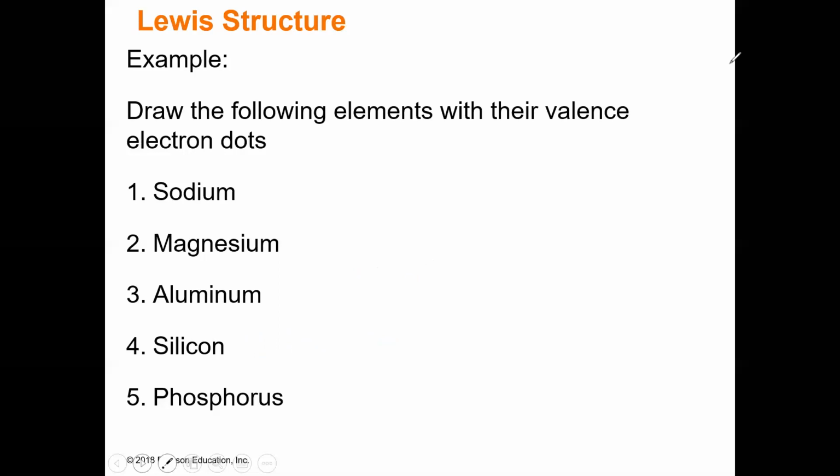All right, lastly, for phosphorus, its nearest noble gas is neon. Then we have 2 electrons in 3s2, and we end up with 3 electrons in the 3p orbital. So in total, we have 2 plus 3 valence electrons, which means that we have a total of 5 valence electrons.